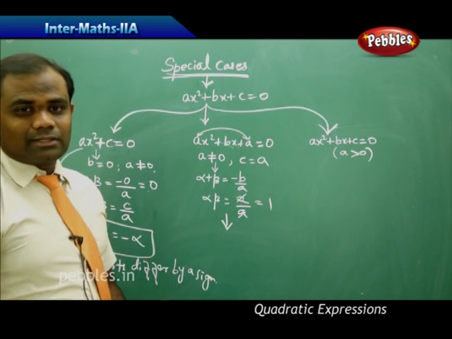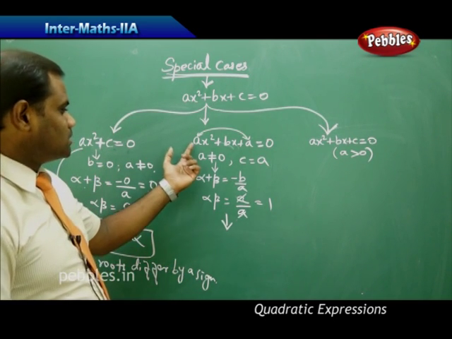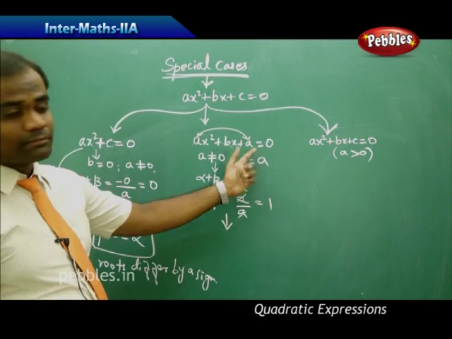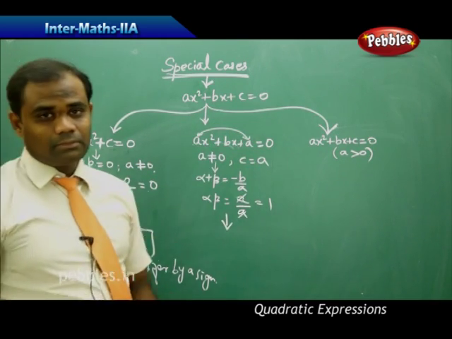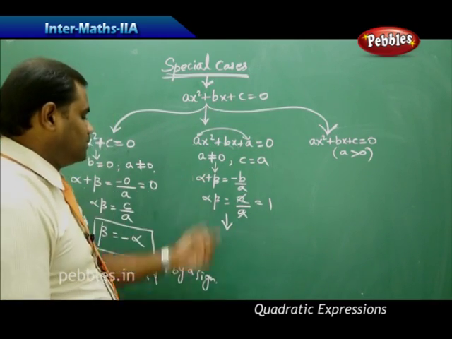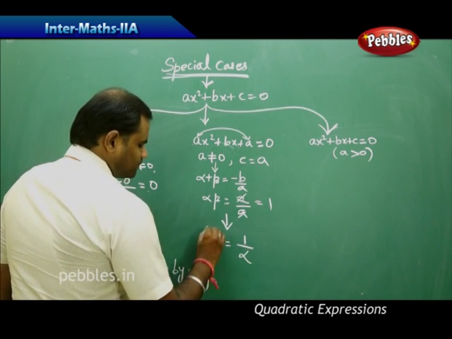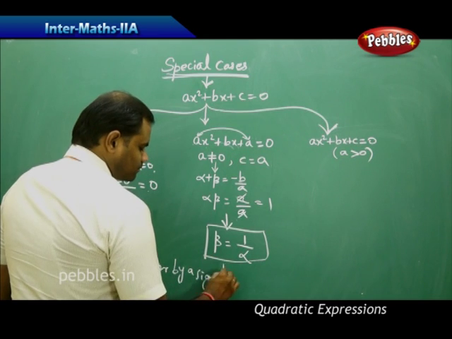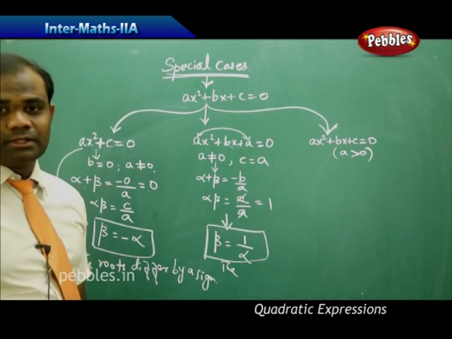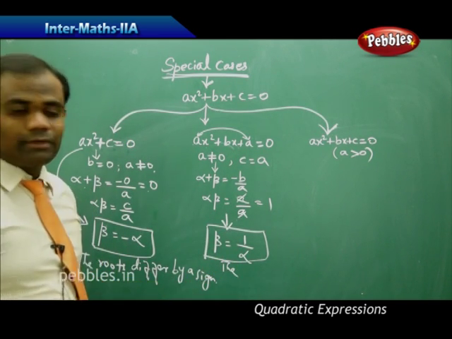So this concludes that when a quadratic equation is in the form ax square plus bx plus c, where the first and last terms are the same in value, then beta is 1 by alpha. That means the roots are reciprocal of each other.